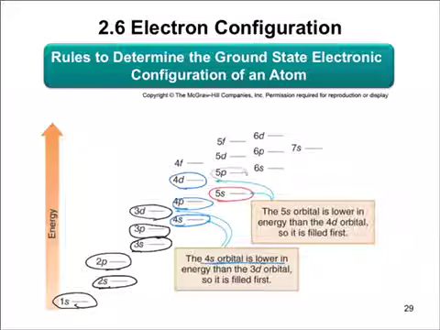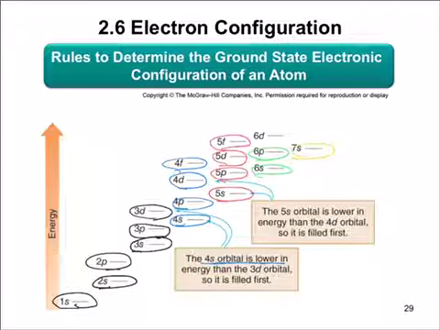Then we get the pesky 5p, and even peskier, the 6s, before we come back and fill up the 4f, the 5d, the 6p, we get the 7s, before we come back and fill up the rest. Okay, now that's confusing.